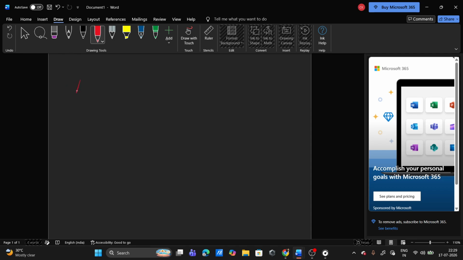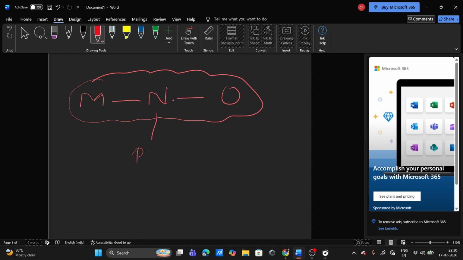Let's say M, N, O, P. If I ask you, can I consider this particular component as a connected one?